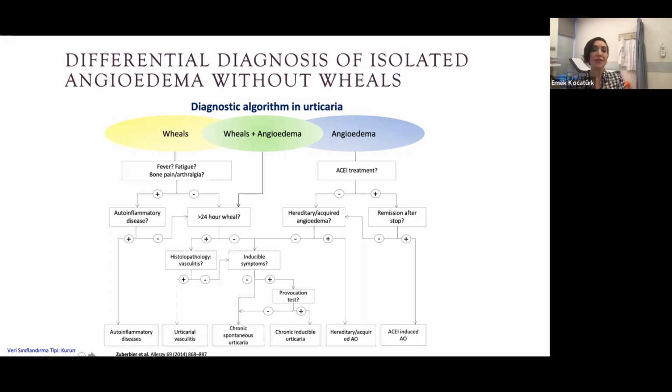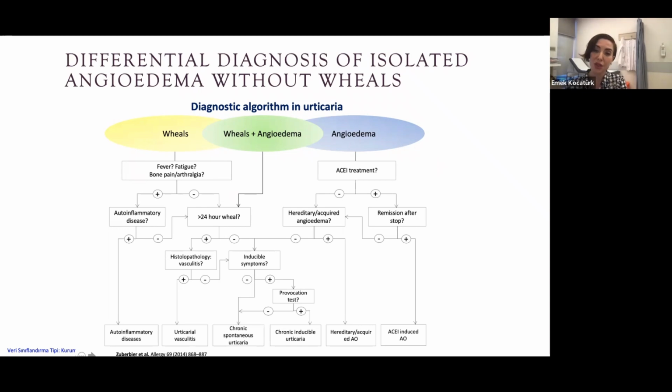So then this causes some doubts in our routine practice, because maybe this patient doesn't have urticaria, but may have other angioedema-related syndromes, such as hereditary angioedema or acquired angioedema. These are the bradykinin-related angioedema.